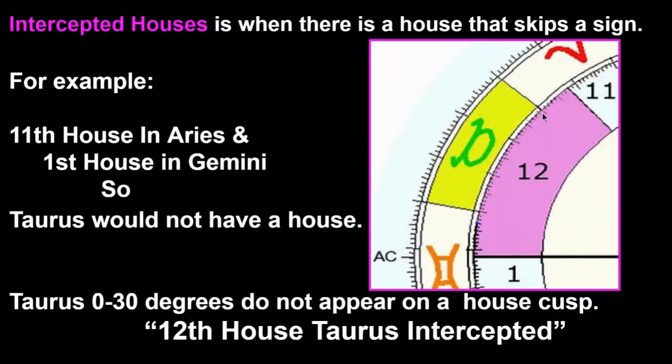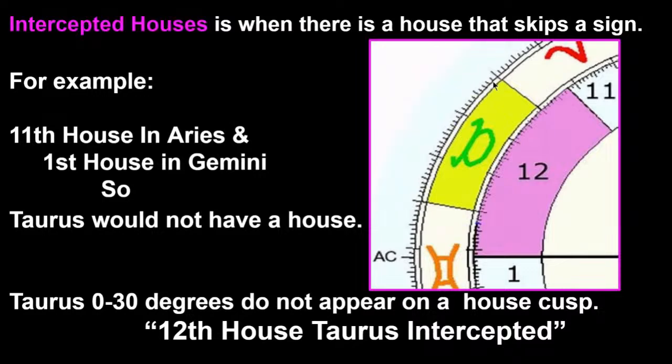Later we're going to look at the degrees, because there are 30 degrees in each zodiac sign, and there are 30 degrees in each house. Now, the 0 point is here, and each notch is a degree.